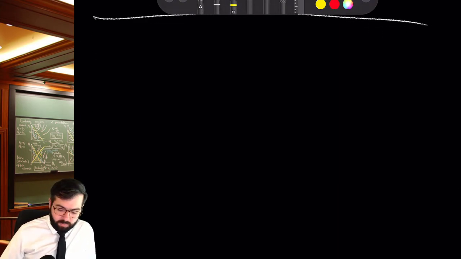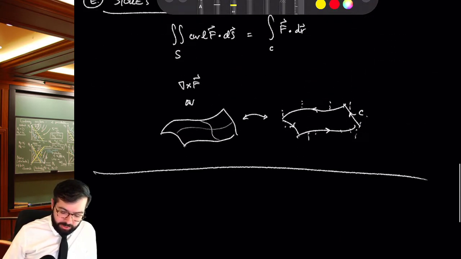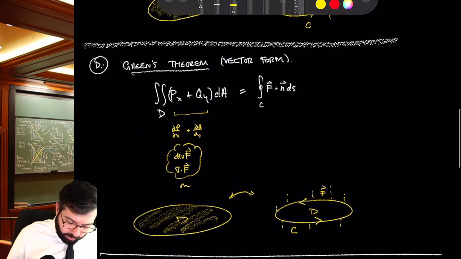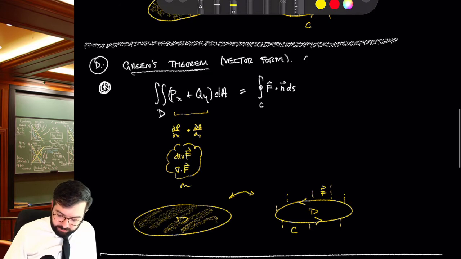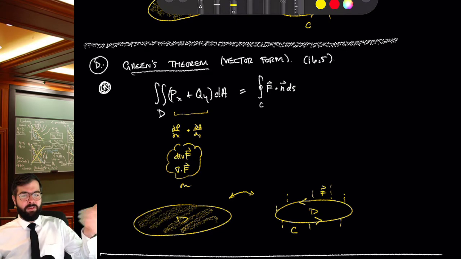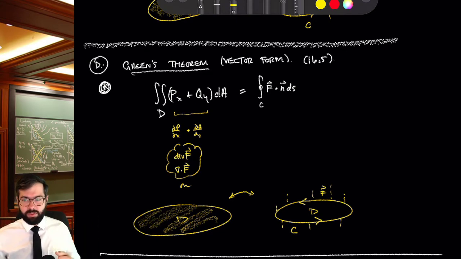So one thing I want to do is actually at least partially derive this form of Green's theorem. This is something from 16.5 that we didn't cover then because we didn't have some of the mechanisms that we have now.